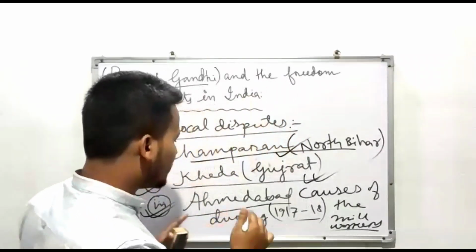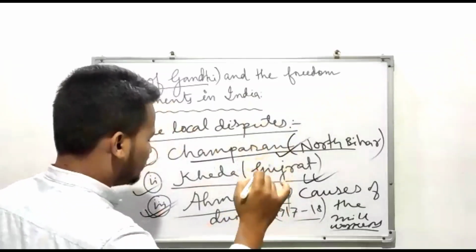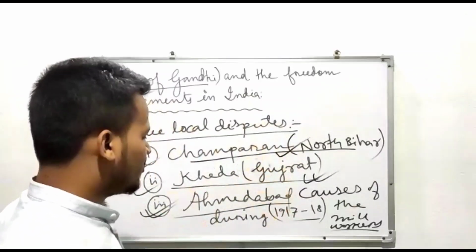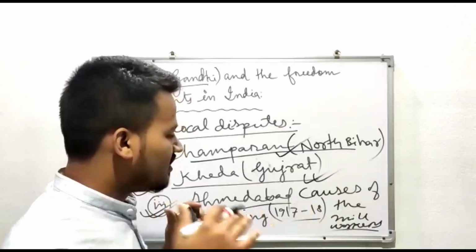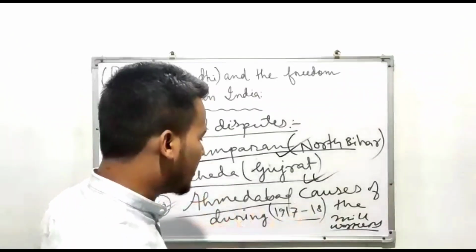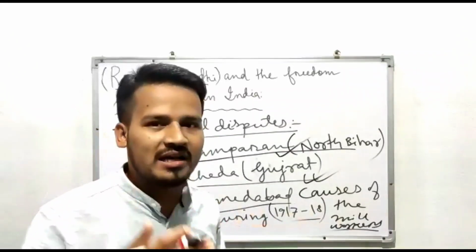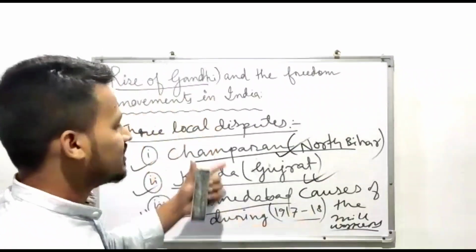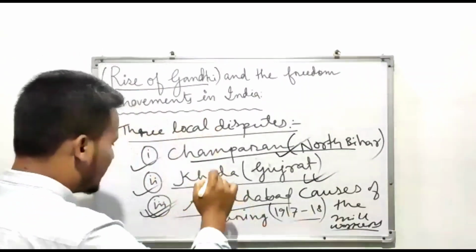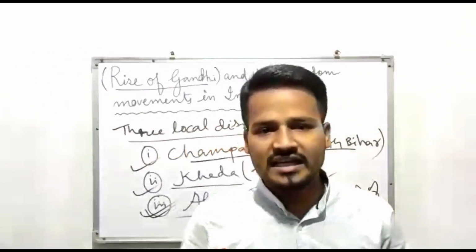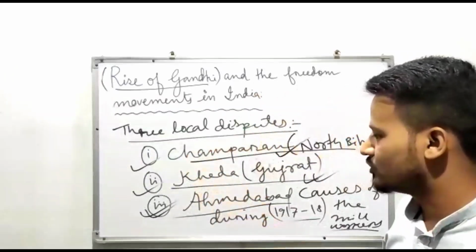To safeguard the mill workers from being exploited by the mill owners, he used Satyagraha in Ahmedabad, and he was successful in dealing with these three local disputes.